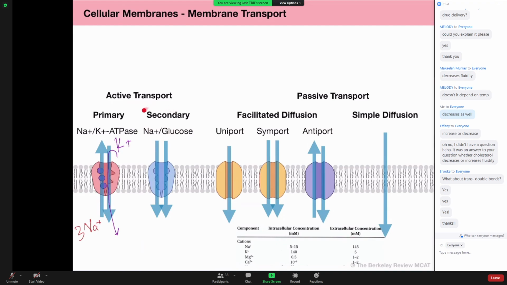What secondary transport is, is you can couple things like this. In this example, the sodium gradient, which wants to travel back into the cell, you can couple that and move molecules like glucose in. This is considered active transport because the cell is going to have to keep this membrane potential and pump out that sodium, which is going to take ATP.